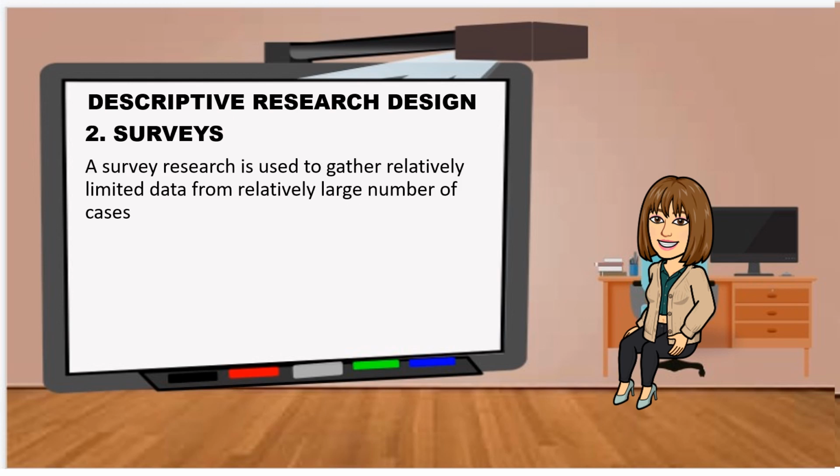What is surveys? A survey research is used to gather relatively limited data from relatively large number of cases. Example, stresses and coping strategies of spinal cord injury patients in the spinal ward.